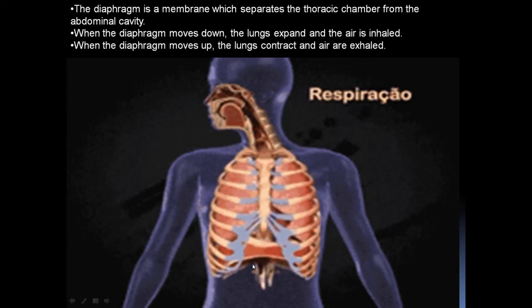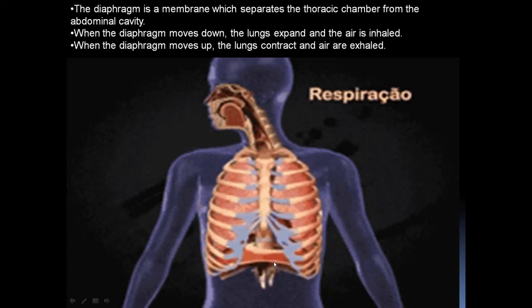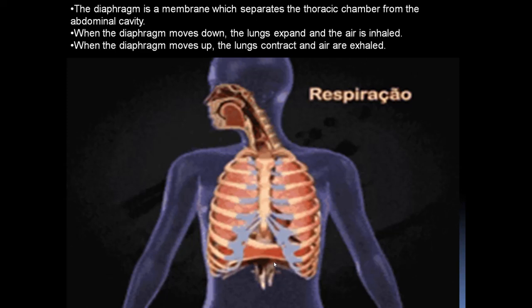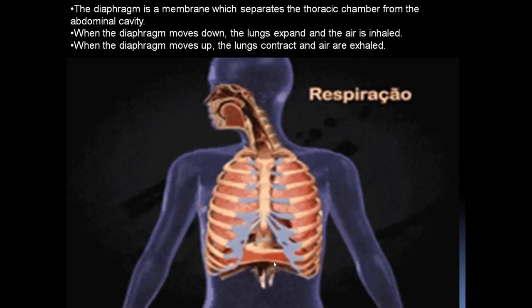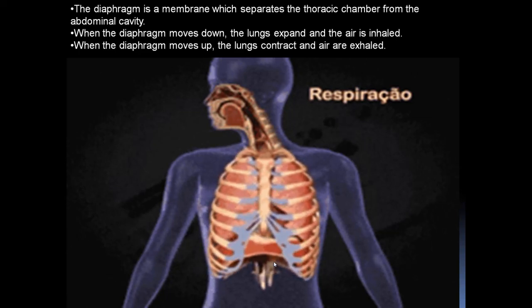When the diaphragm moves down, the lungs expand and air is inhaled, taken in. When the diaphragm moves up, the lungs contract and air is exhaled, given out. Try to observe this.